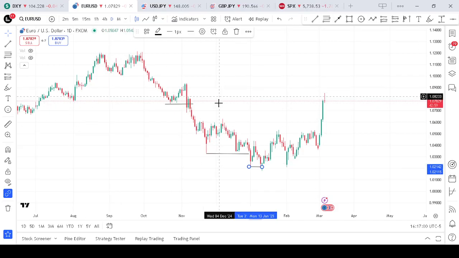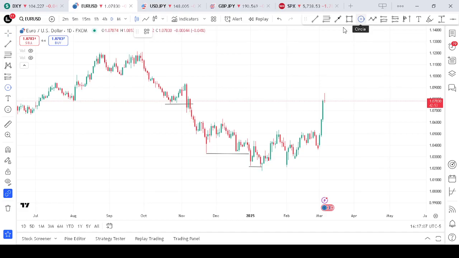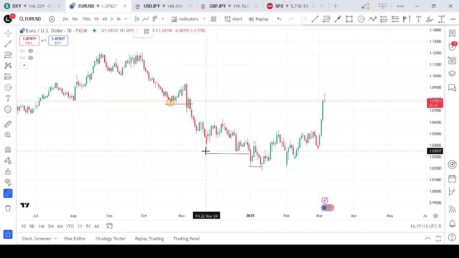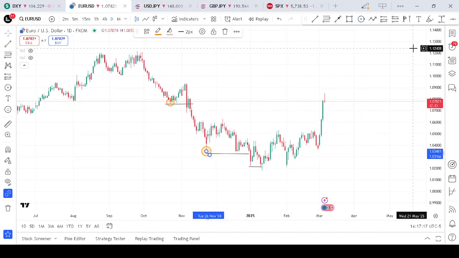After we highlight such areas, we move down to the 4-hour time frame. Let's highlight these areas. These are the areas I'm looking for in the market. We would go to our 4-hour time frame to find an accurate trade setup.